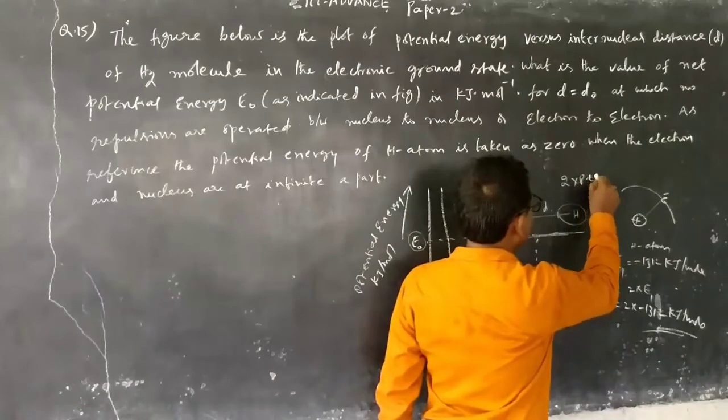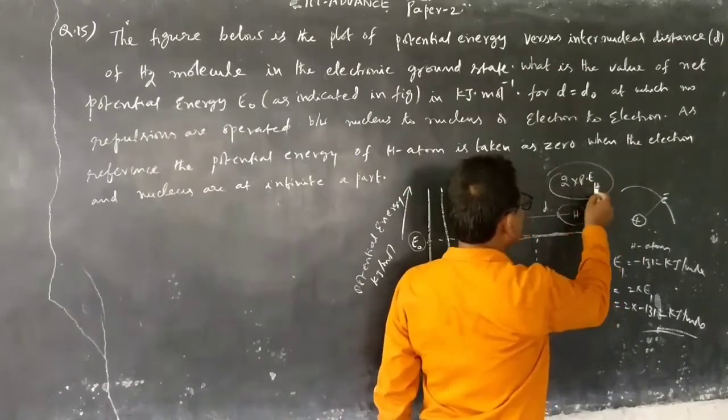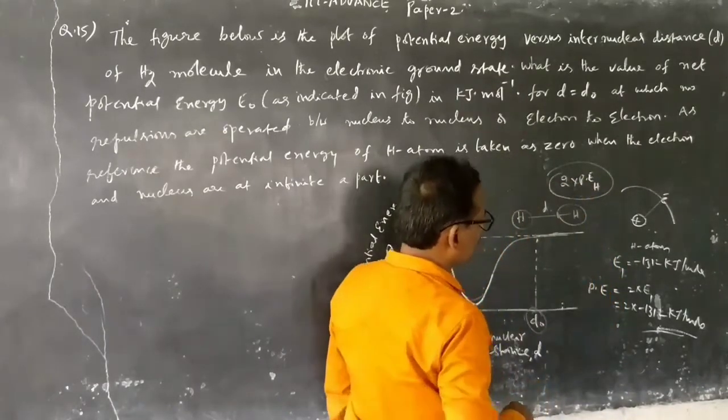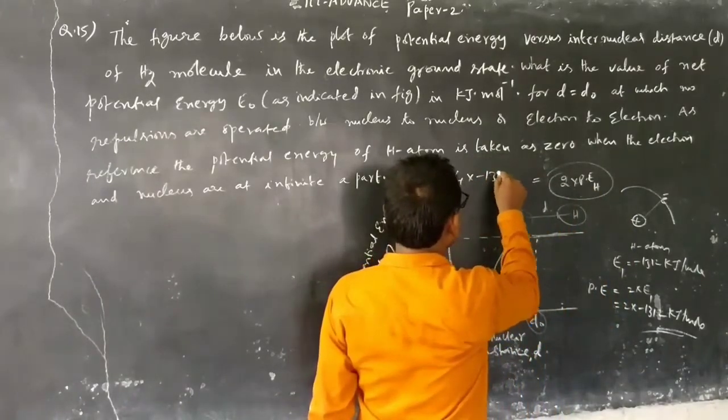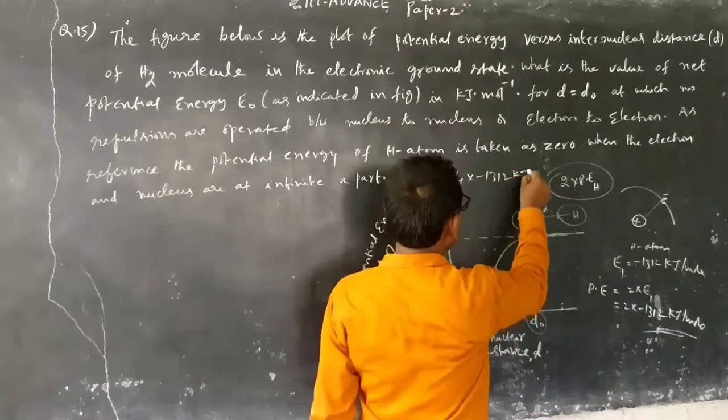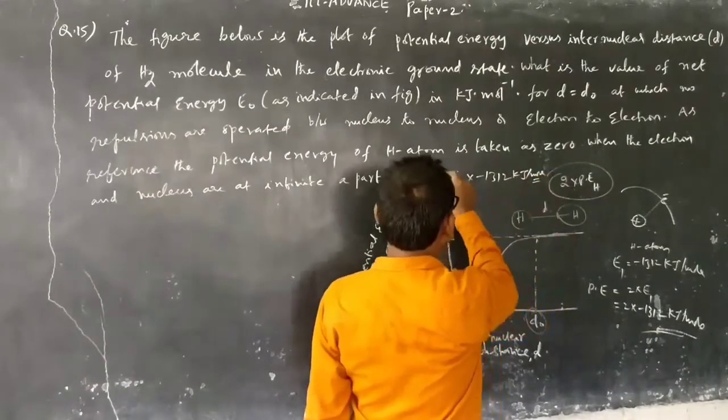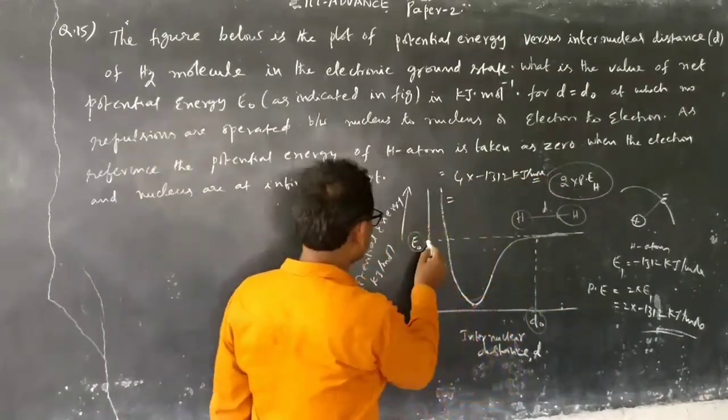2 into the potential energy of a hydrogen atom, because two hydrogen atoms are there. That means ultimately the value will be 4 into minus 1312 kilojoules per mole. This is the answer. So the answer is E naught.